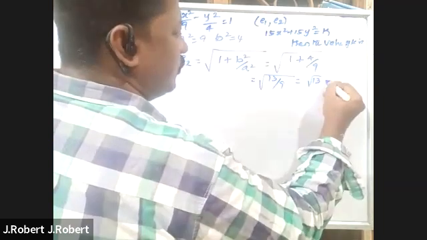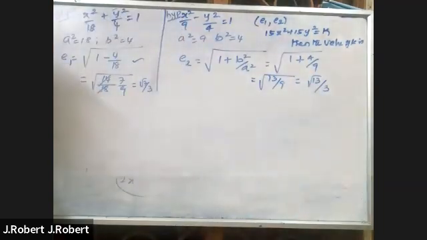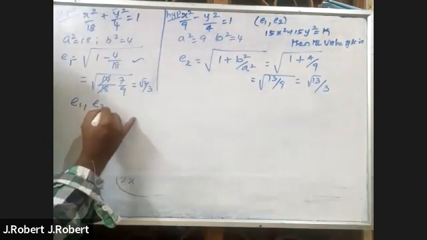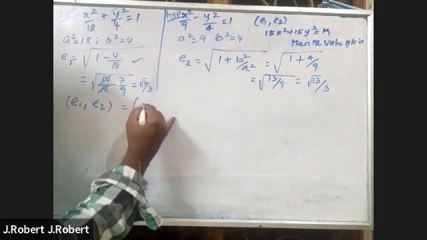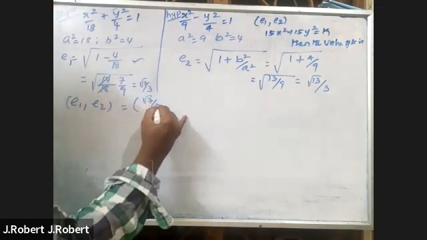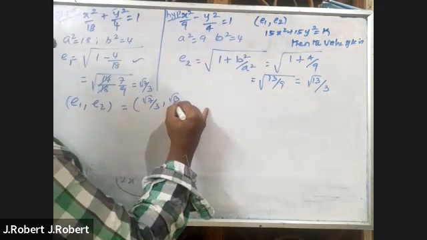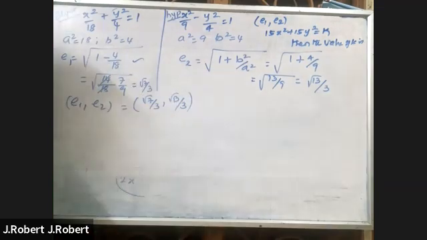I can write this as root 13 divided by 3. Now we have found E1 is root 7 by 3 and E2 is root 13 by 3. Now listen here.